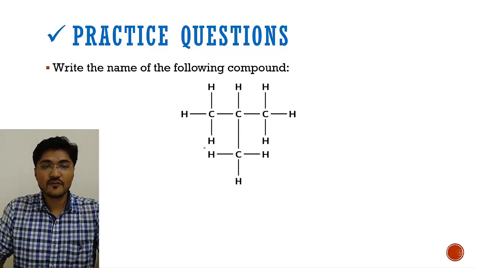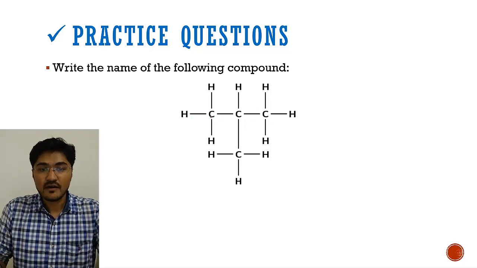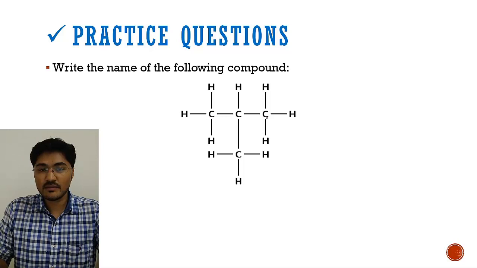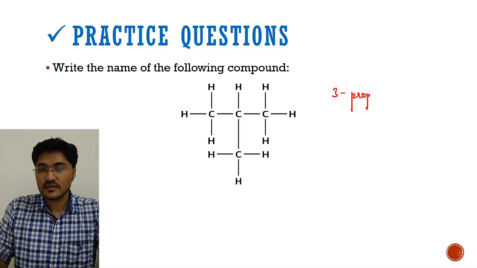Write the name of the following compound. It's a branched hydrocarbon that we can see because we have 1 carbon, 2 carbon, 3 and another carbon attached to carbon number 2. And in this case, the longest chain would be 3, and 3 means prop. And this is an alkane, so it would be propane.